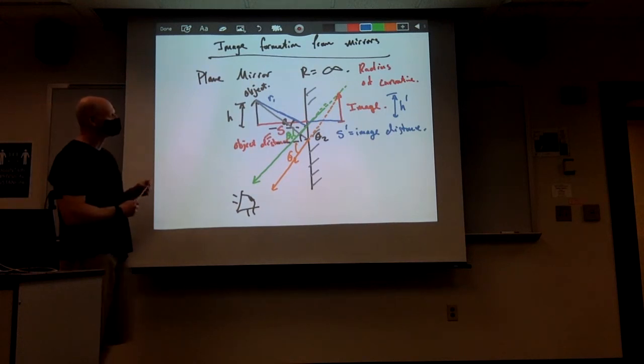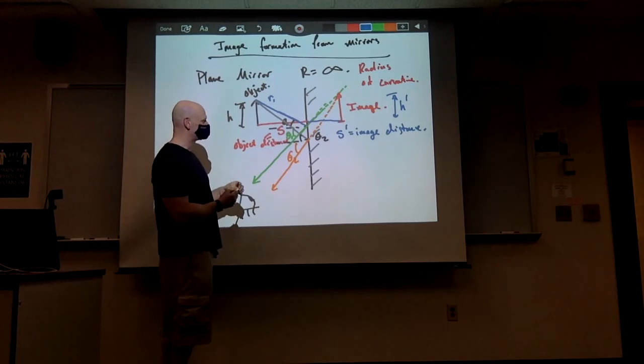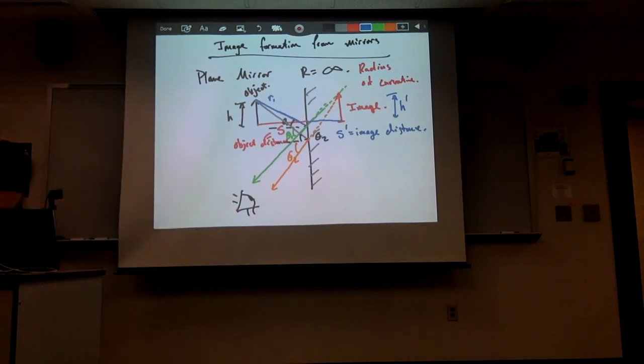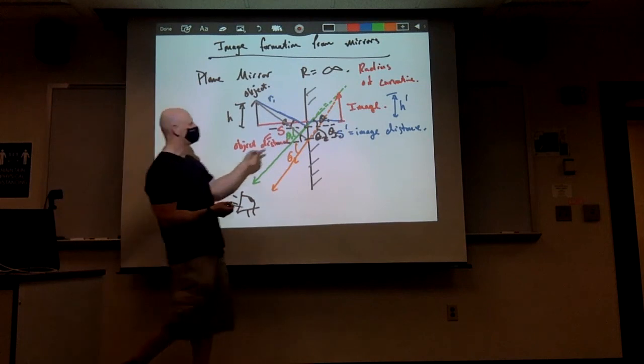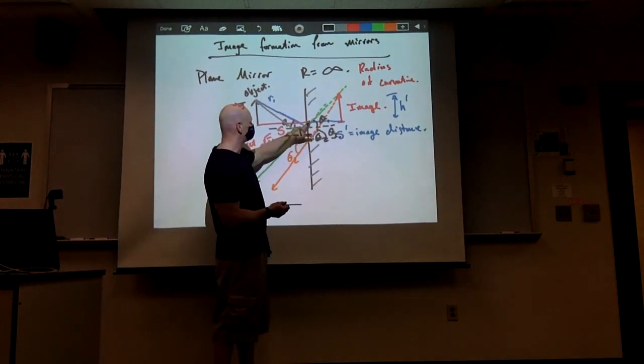Now, we can do some geometry. I'm not going to bother doing that, but I'll talk about it real quick. If I extend this normal line in this direction and this normal line in this direction, we can easily convince ourselves that this angle here is the same as theta 1, and this angle here is the same as theta 2, because by the law of reflection these angles have to be the same.